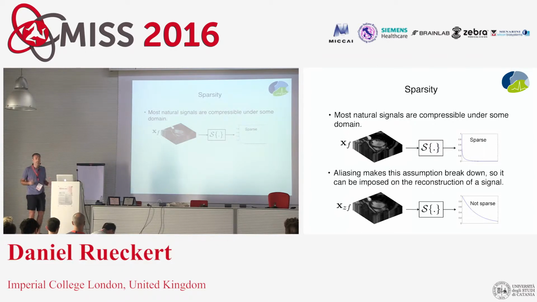Now, what happens if your image is corrupted by these aliasing artifacts? Well, it turns out that the signal is no longer sparse. If I take my corrupted data and apply the same sparsifying transform, I end up with something which is much less sparse.